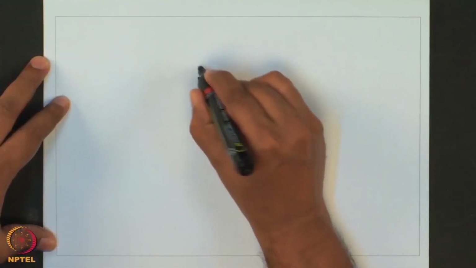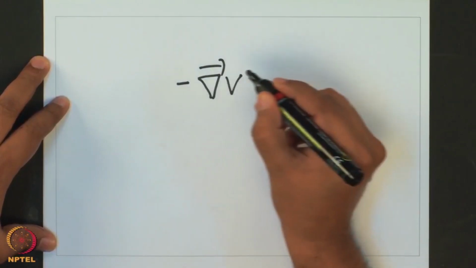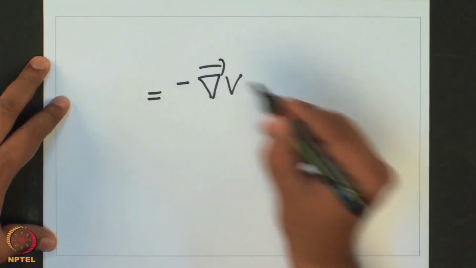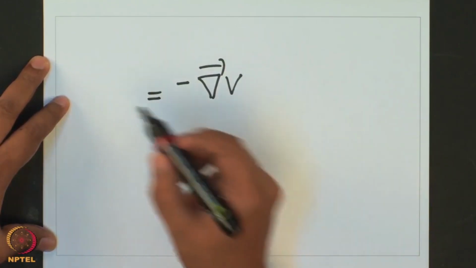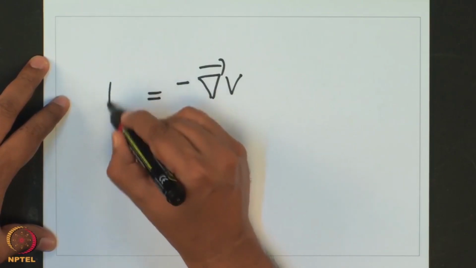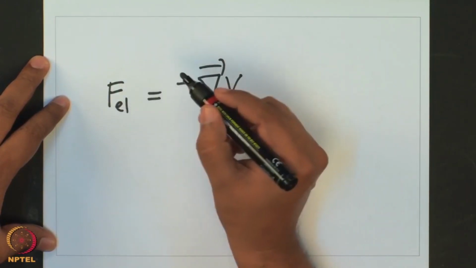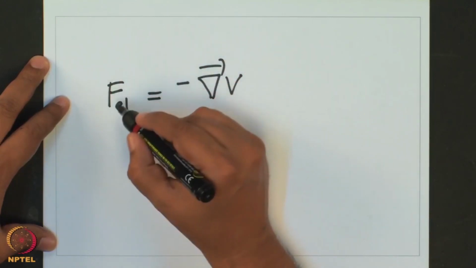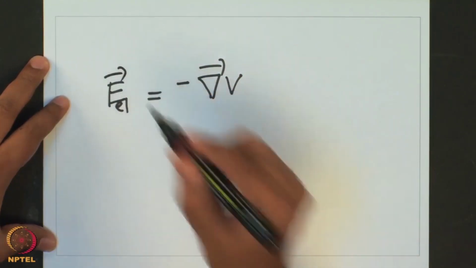So even electrostatic potential, like you have a higher potential, lower potential, the electrostatic potential difference, sometimes it will be written as del V. So the electrostatic force can be written as minus gradient of V. This is basically the electrostatic force, or I would write the electric field. So I would write E sometimes.